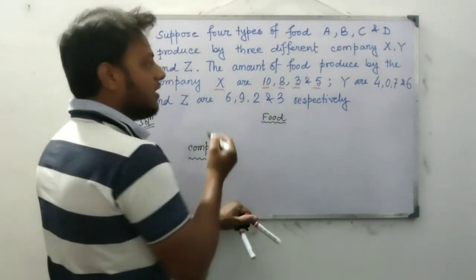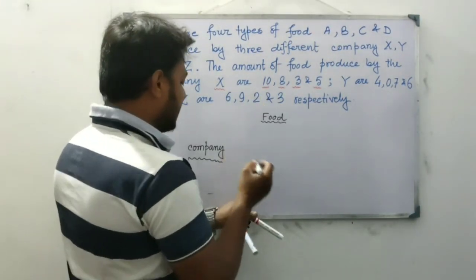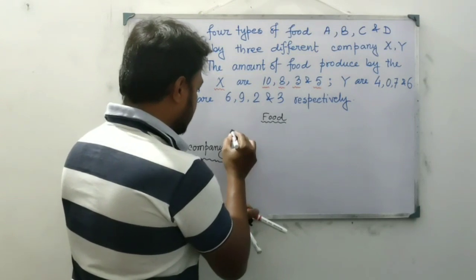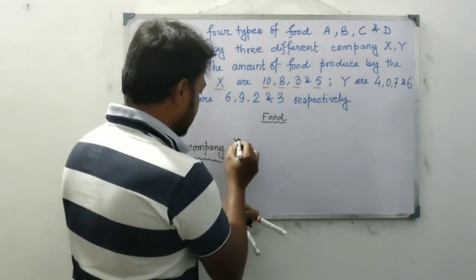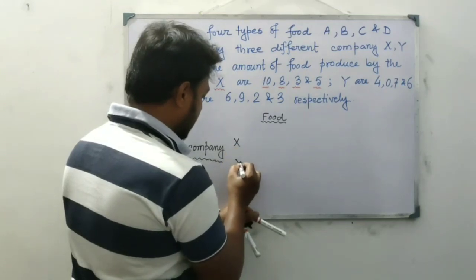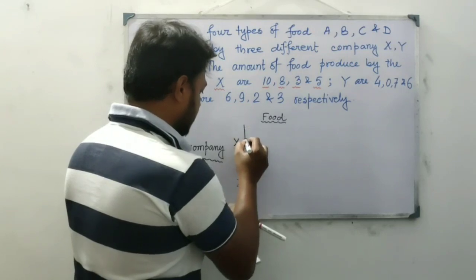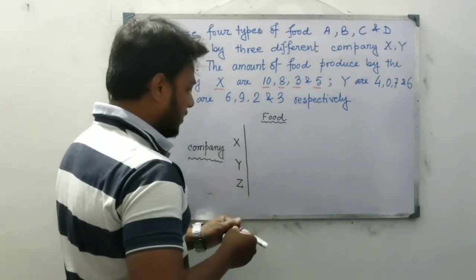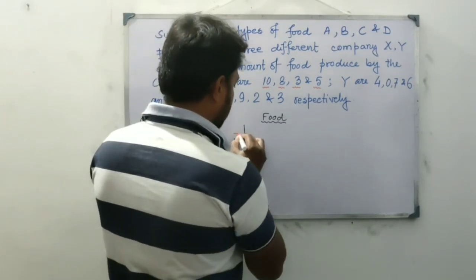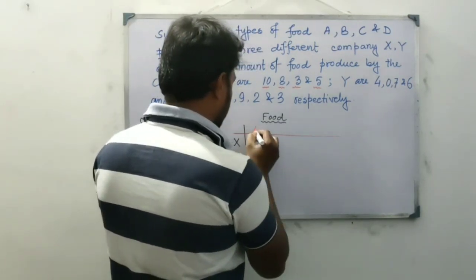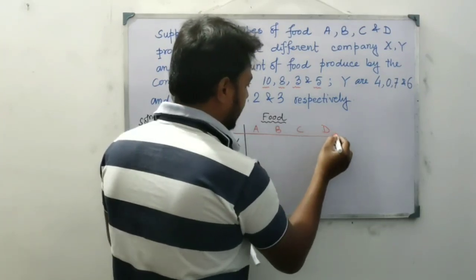There are 3 different companies, X, Y and Z. And the food types are A, B, C and D.